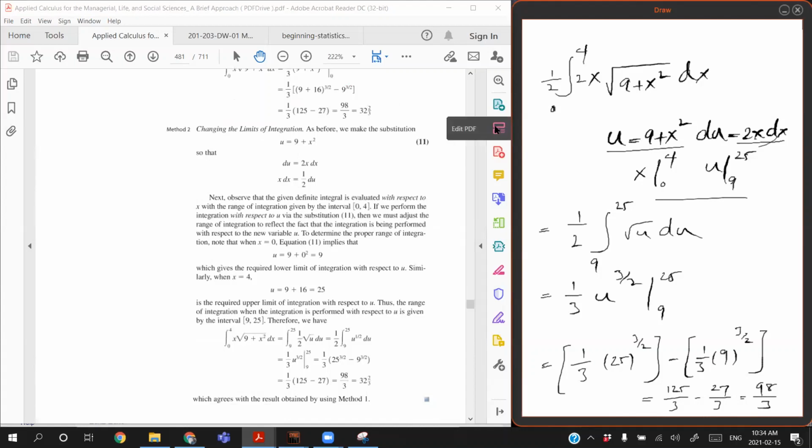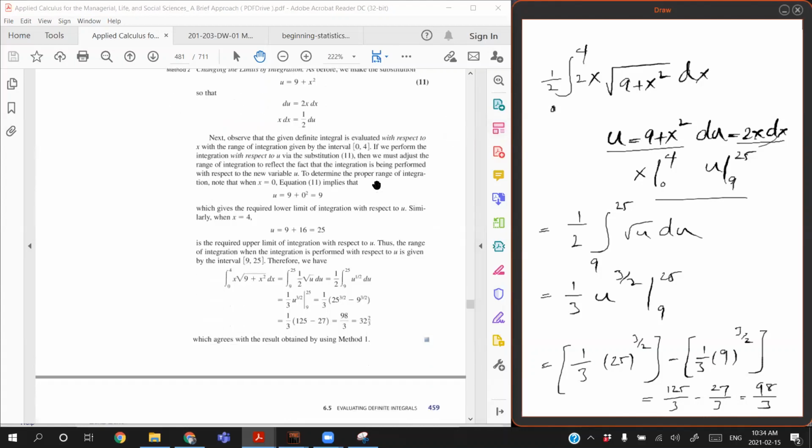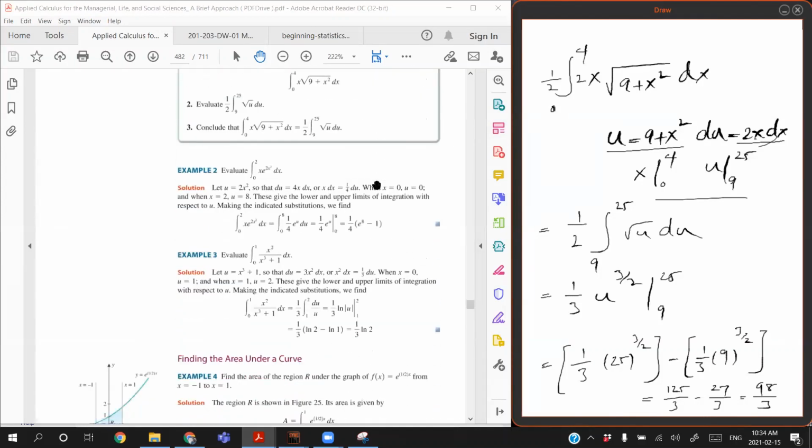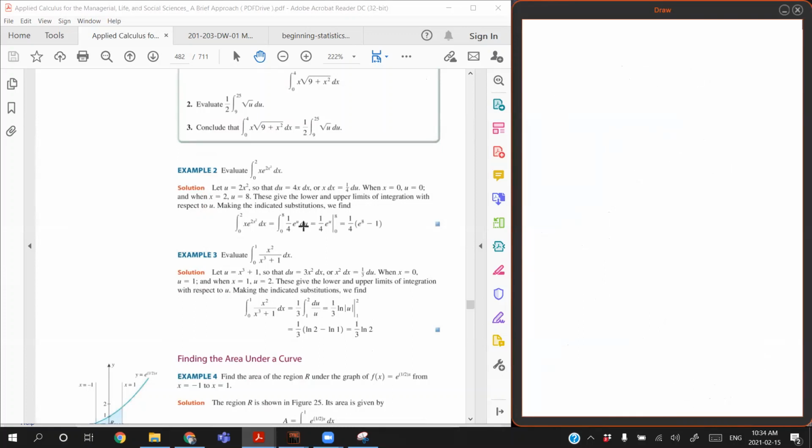Okay, one more example. Integral from 0 to 2 of x e to the power of 2x squared dx.